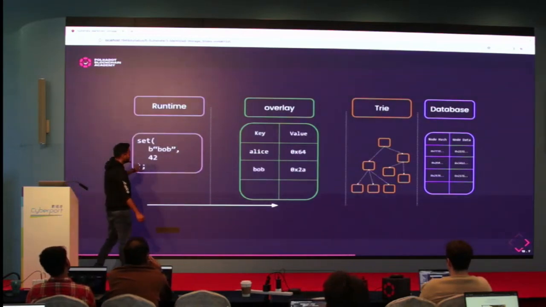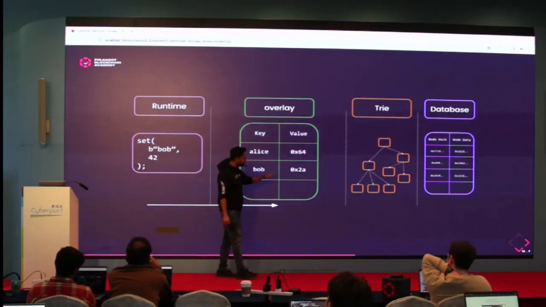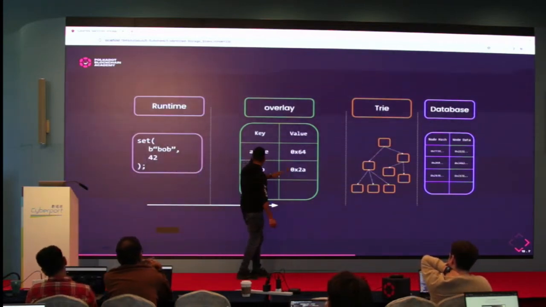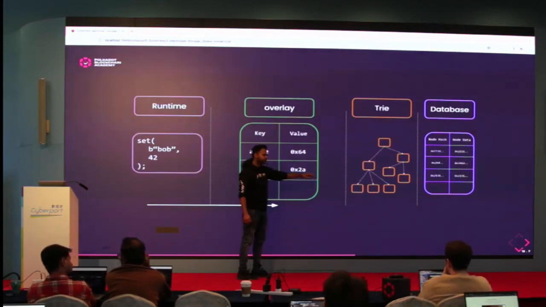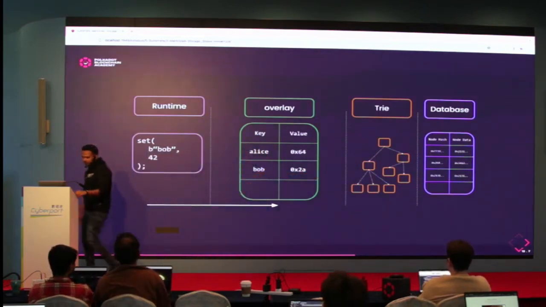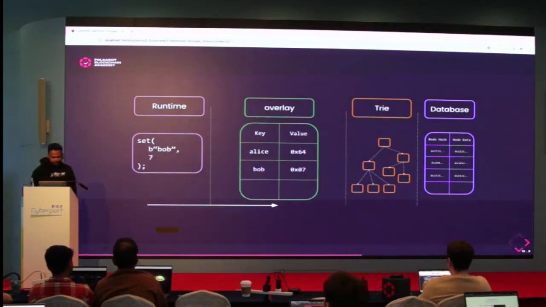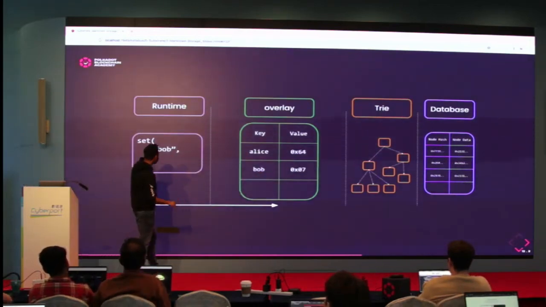So the third extrinsic sets Bob's value to something, 42, I think. It's not stored in the database yet. It's only stored in the cache. And then imagine we store in the same block. The block has not finalized yet, same block.